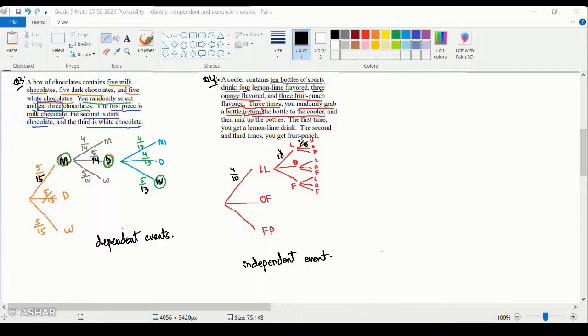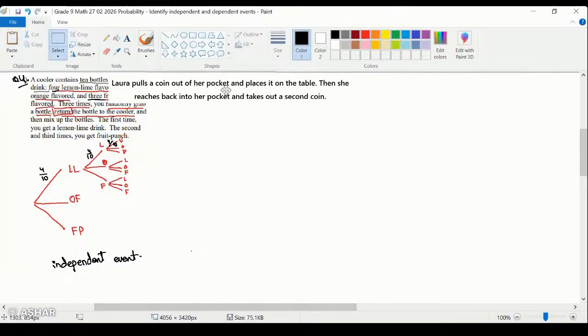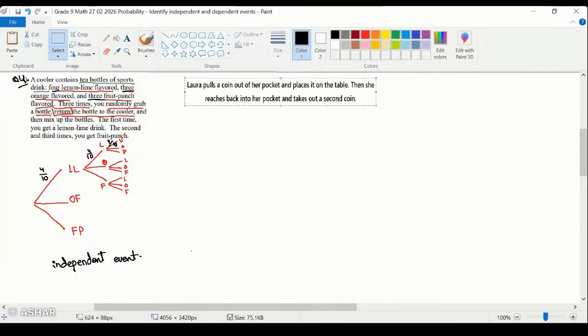For question number 5, this is a statement given. Laura pulls a coin out of her pocket and places it on the table. Then she reaches back in her pocket and takes out a second coin. They're two separate coins, right?